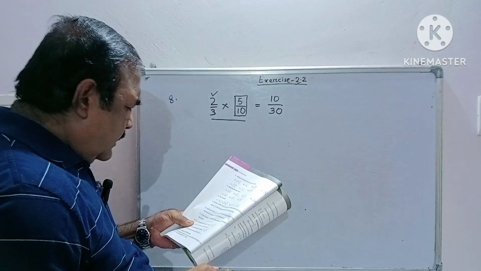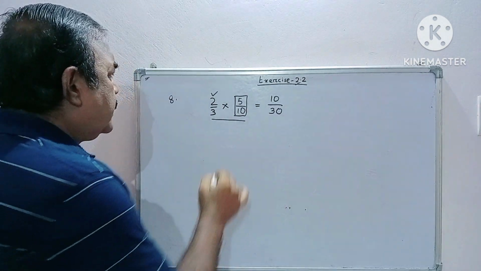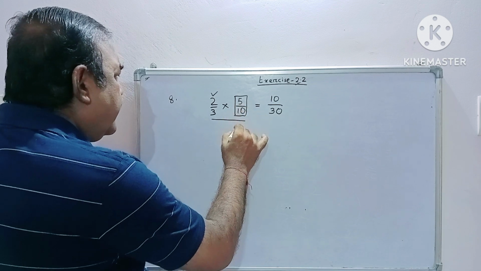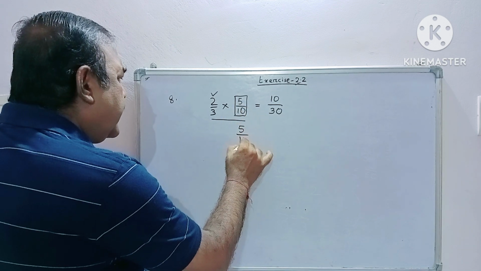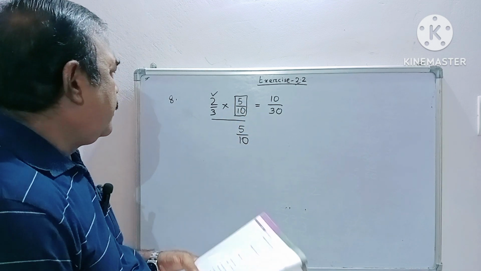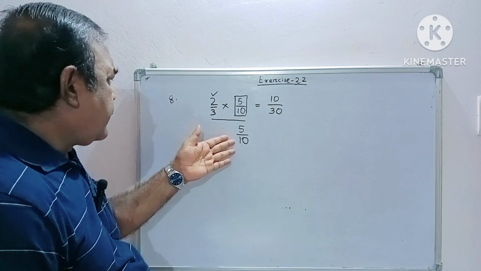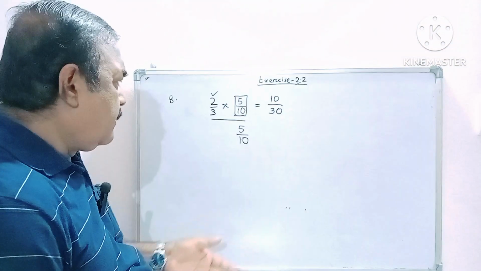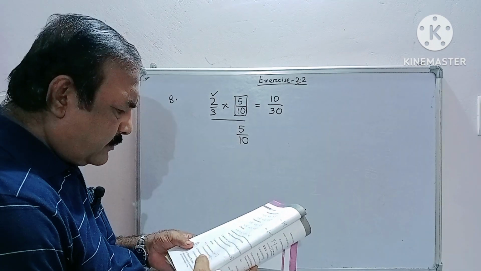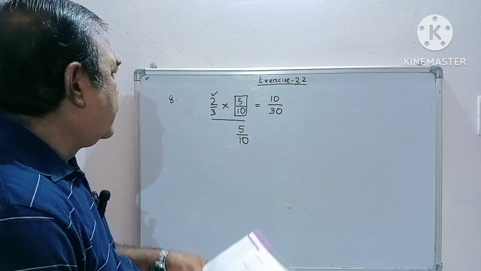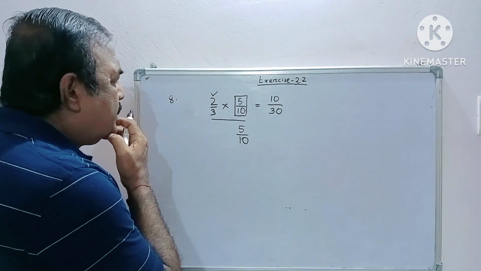And in the next bit, the simplest form of the number. So the number we fill in was 5 upon 10. And if we have to write this fraction in its simplest form, or what we call the lowest form, what will you do?